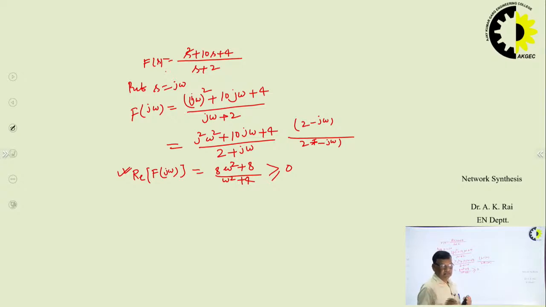There are 3 conditions: go for the Hurwitz polynomial test, check that the pole residues are real and positive, and third, the real part of F(j omega) should be greater than or equal to 0 for all omega. This way we can check the positive realness of a given function.